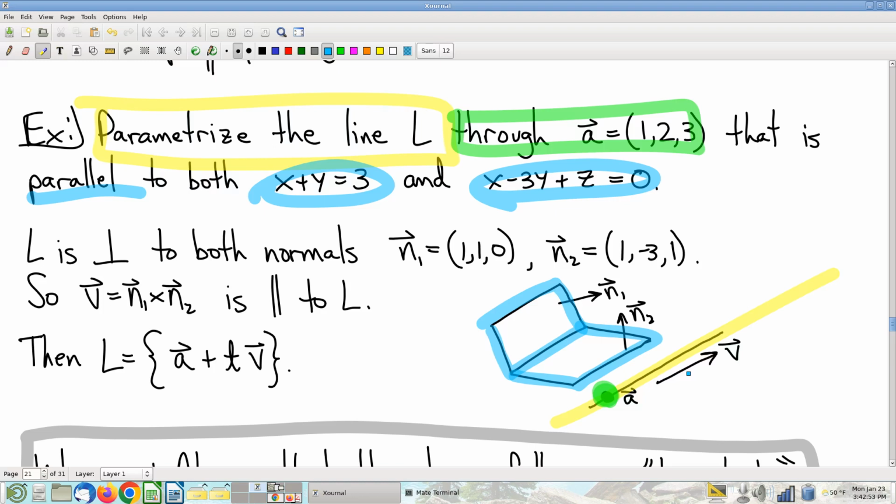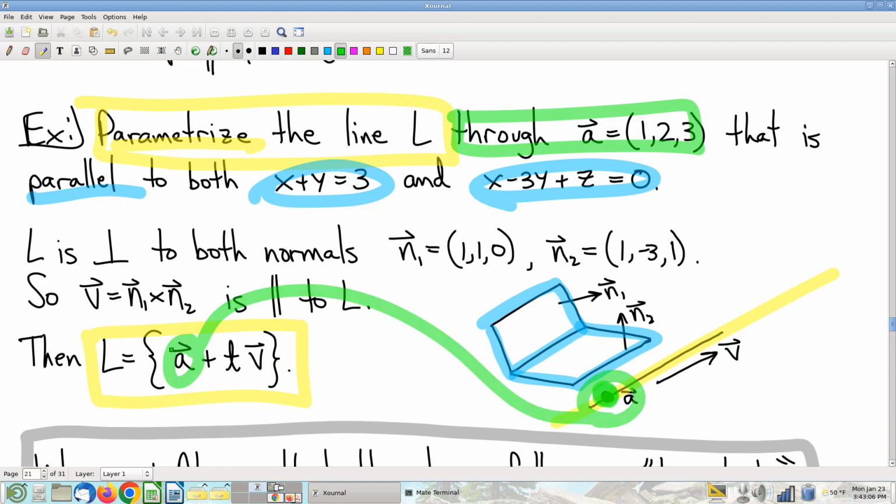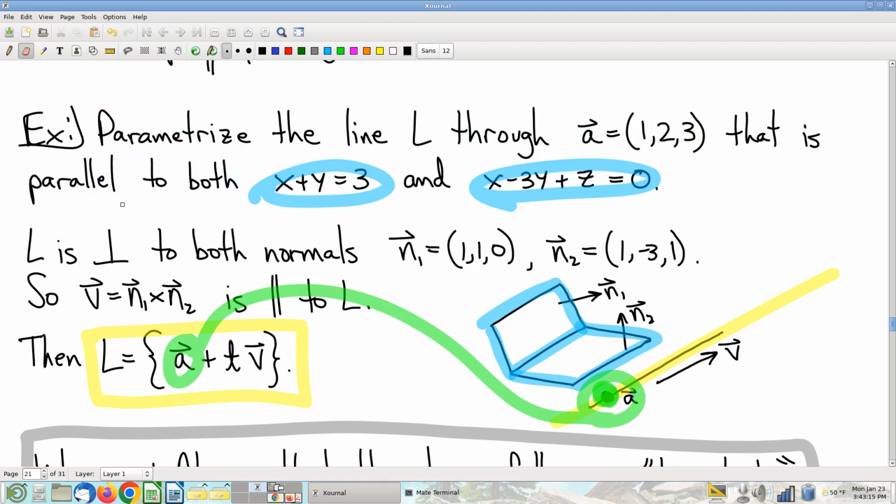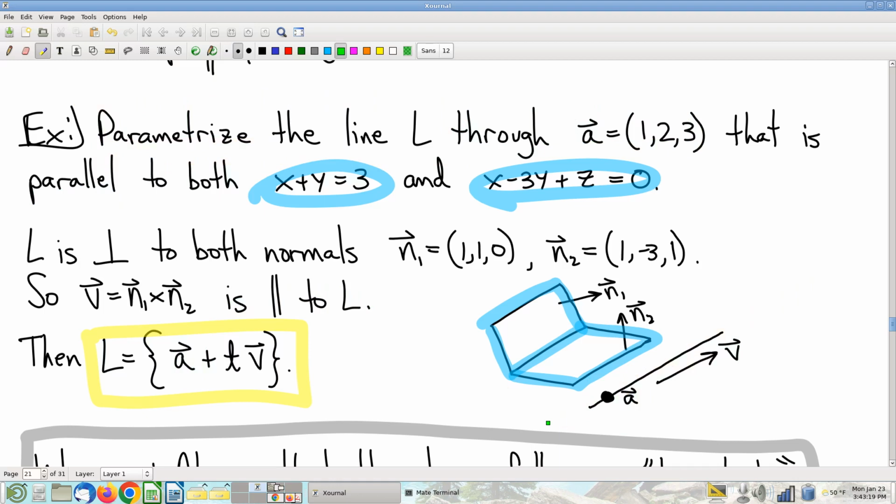All right, how do we parameterize this line? Again, keep in mind that's our goal. Well, we know what the structure of a parameterization is. Parameterizations look like this. I already have the point that the line goes through, so all I need to do is figure out this V vector, and then we win. So how am I going to find this V vector? Here's the idea.